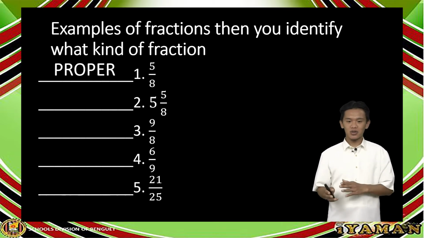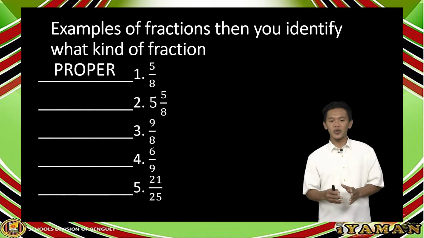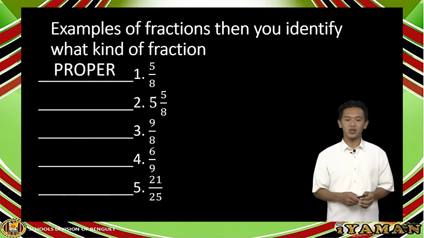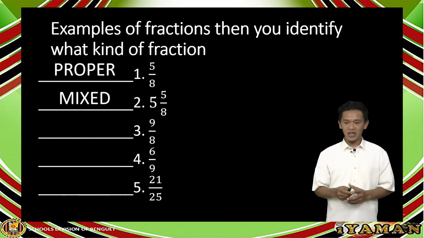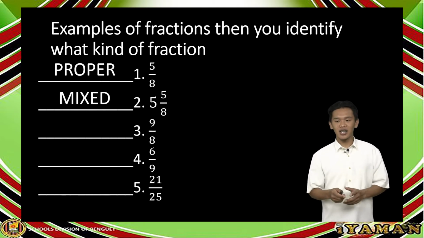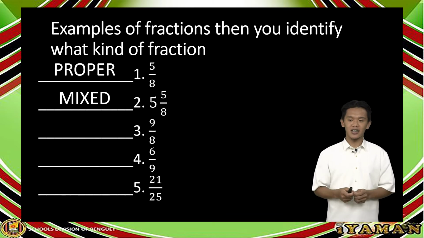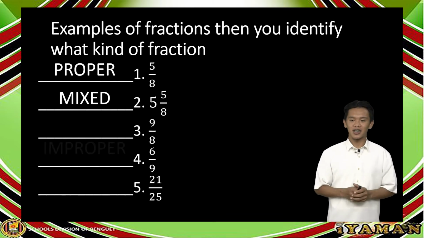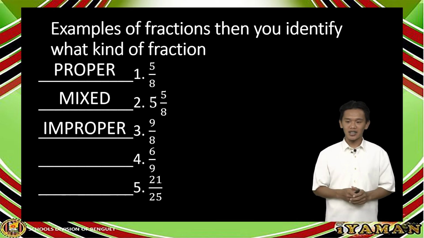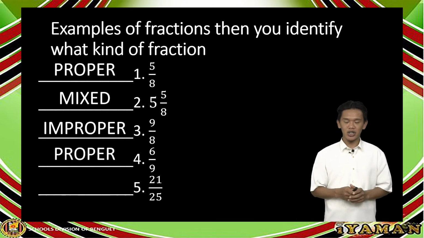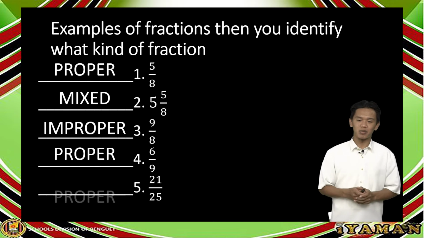Since it is composed of a whole number and a proper fraction, that is a mixed fraction. Number 3, 9/8. Since 9 is greater than 8, that is an improper fraction. Number 4, 6/9, that is a proper fraction. Number 5, 21/25, that is a proper fraction.